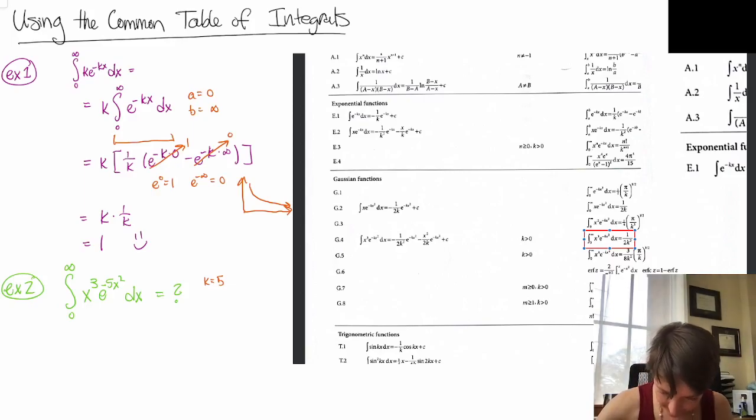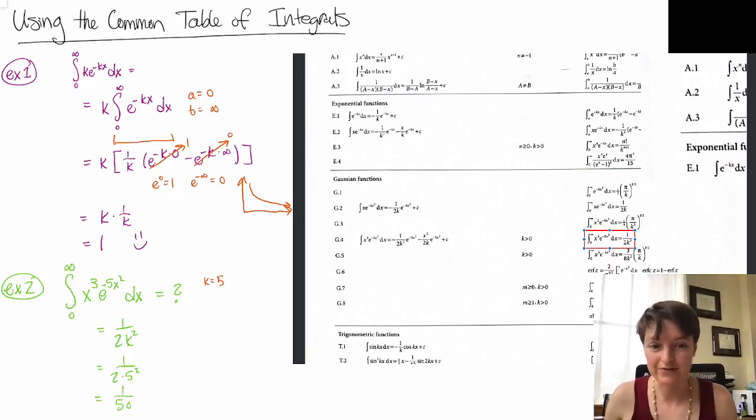Atkins says this integral is equal to negative 2 times k squared, so we just need to plug in k equal to 5. Once we do the arithmetic, we find that this integral is equal to 1 over 50.